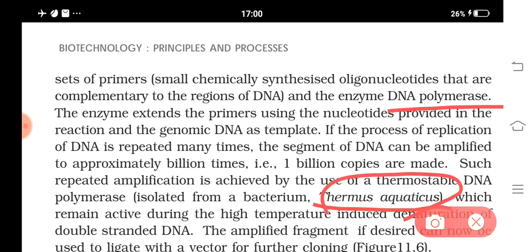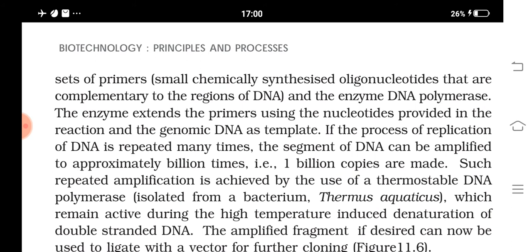Thermus aquaticus is a bacterium which is found where? In hot springs. Understood? Means bacteria which are adapted to live in high temperature, and they will not undergo any denaturation.